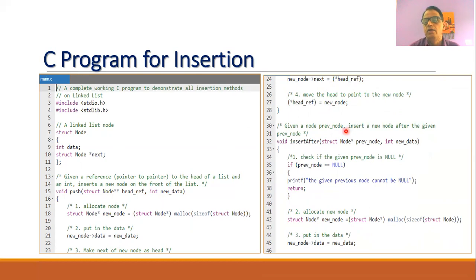And then we can write a function for insertion in the linked list at a position which is known to us, so we write a function insert after, and then we check the previous node, and if it is equal to null, then the message that the previous node cannot be null will be printed.